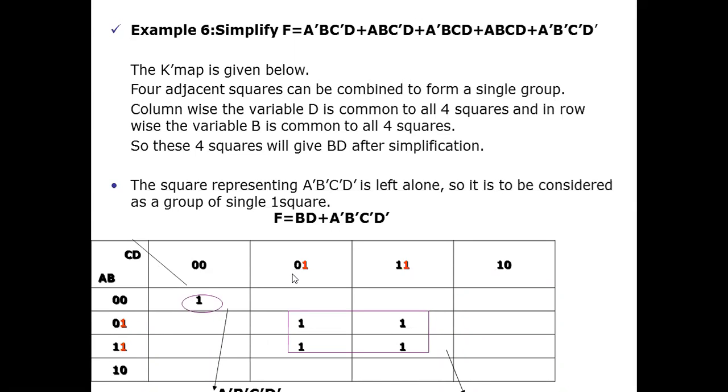Here also the C value changes, but the D value does not change. So BD is the common min term for this large group. For the other one, there are no two variables, there's only one variable. So you can write the corresponding min term, A dash B dash C dash D dash. Then write it in sum of products form. So it would be something like this.